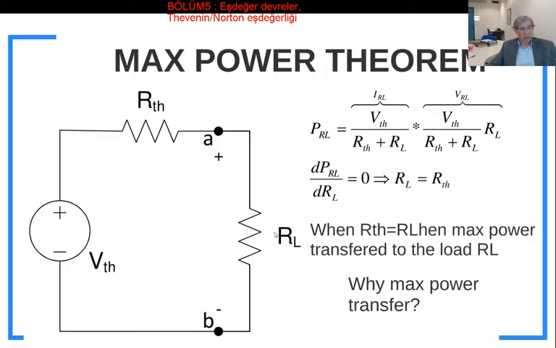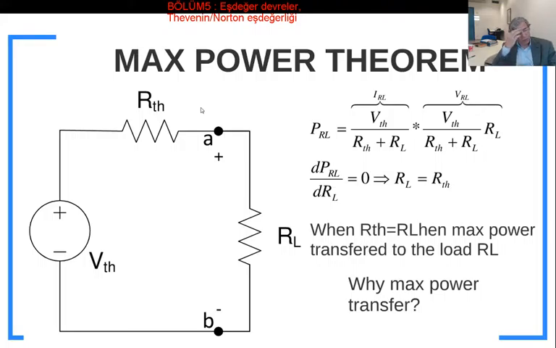Why is that? Because you are spending less power within your system, isn't it? If the maximum power is transferred to the load, that means you spend less power here. That means your circuit consumes less power in order to do its job.